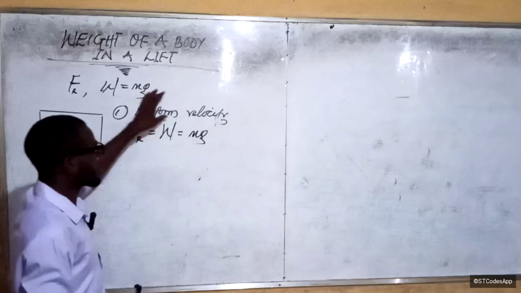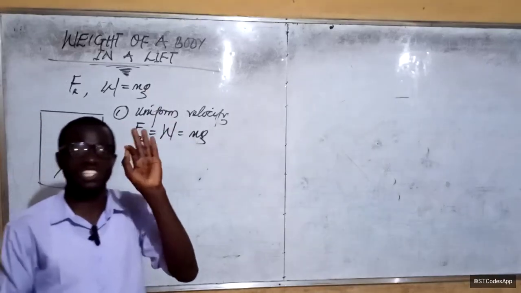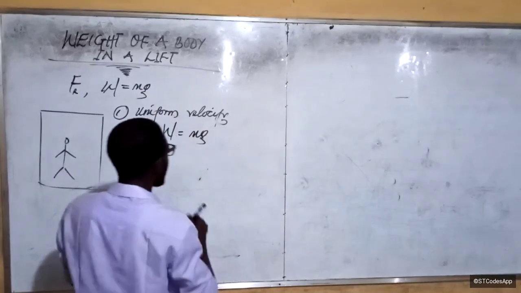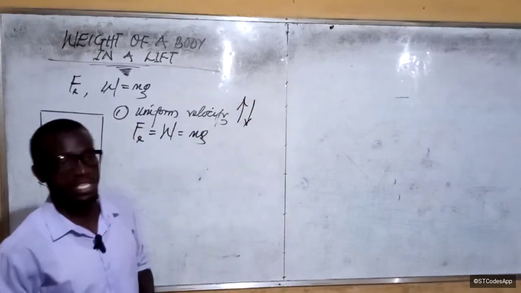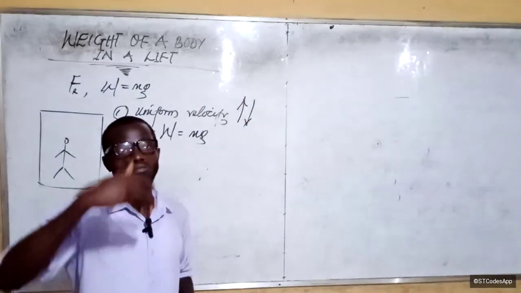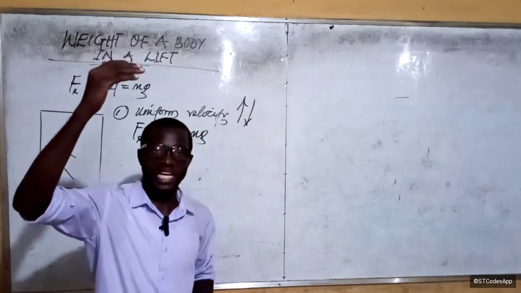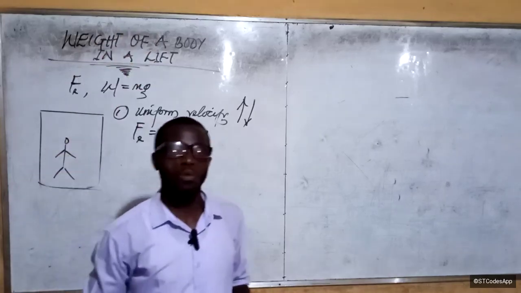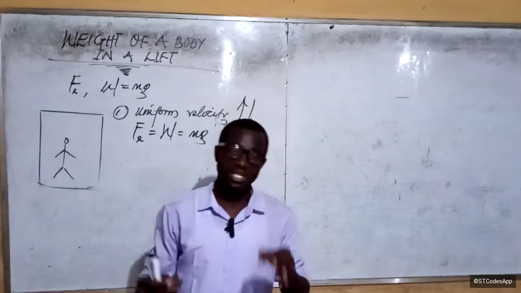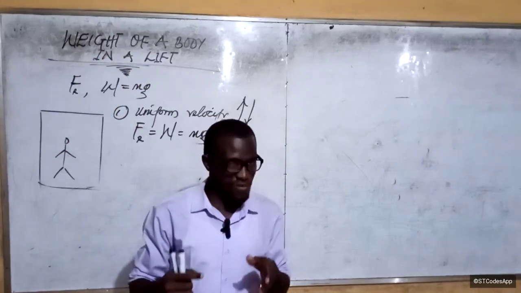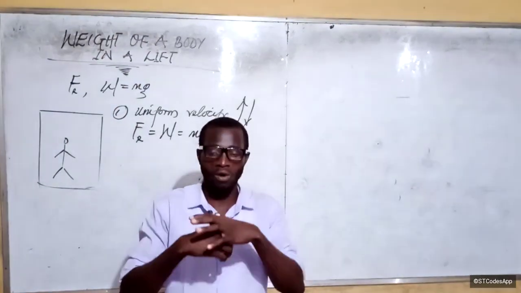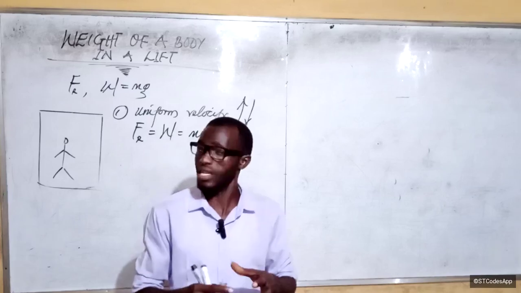Understand that if the lift were to be moving with a speed upward or downward, it is not directional. It is both whether it's moving upward or whether the lift is coming downward. In as much as the speed is not changing, it's going to have no effect on the weight of the body or on the entity inside the lift.